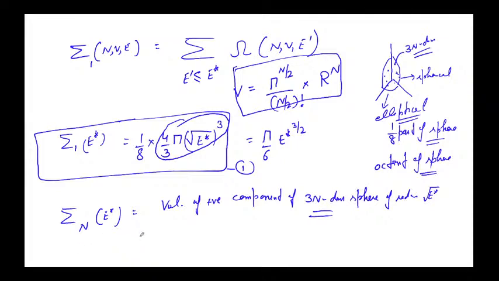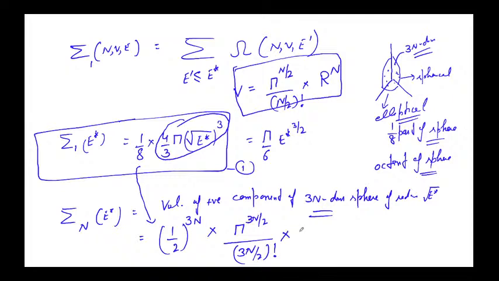For the 3N dimensional sphere, with the 1 by 8 factor we can write something like 1 by 2 to the power 3N, multiplied by pi to the power 3N by 2 over 3N by 2 factorial, multiplied by the radius, that is E star to the power 3N by 2.